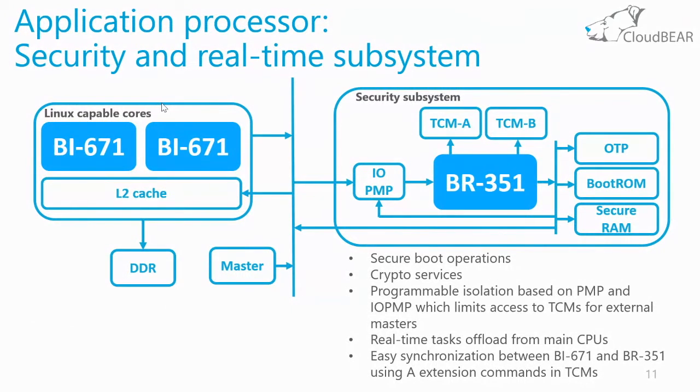In this chip, we built several subsystems for the customer. One, of course, is the Linux capable cores, which are about 1.5 to 1.8 times faster than ARM A53, and at the same level as ARM A73 cores. But we also built the security subsystem, an isolated enclave inside the CPU, which handles secure boot operation and provides crypto services to the overall SoC, and its isolation is programmable.